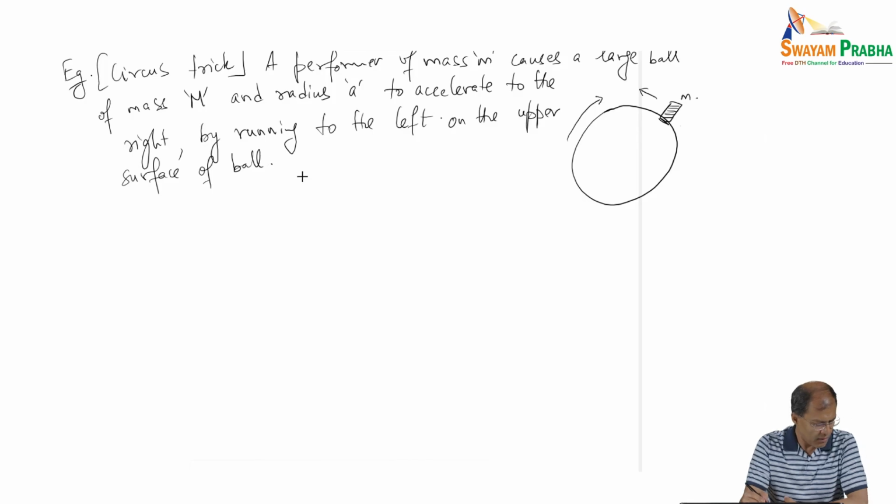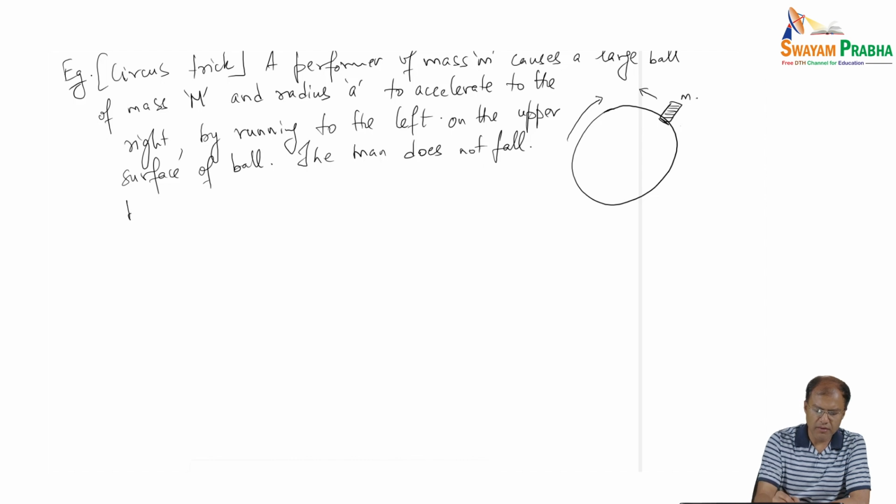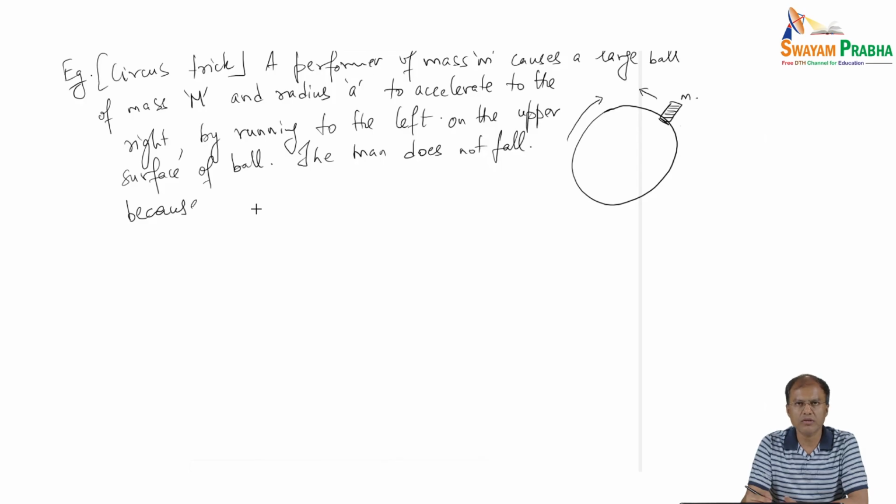So then the problem says the man does not fall, because he is going to maintain this motion in such a way that the angle alpha remains constant. The angle alpha being, so let me complete this statement and I'll draw the entire diagram.